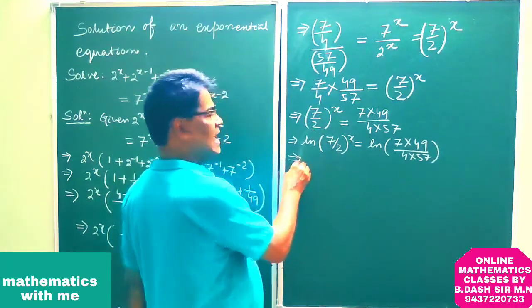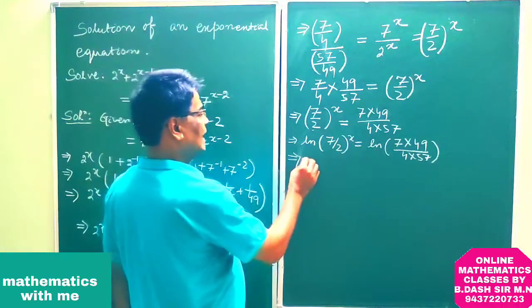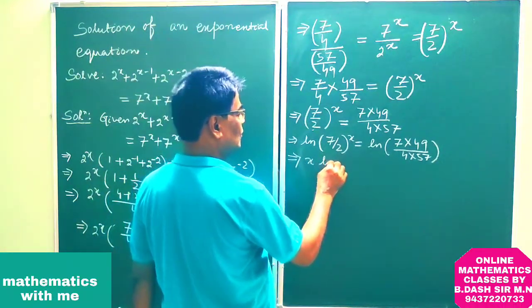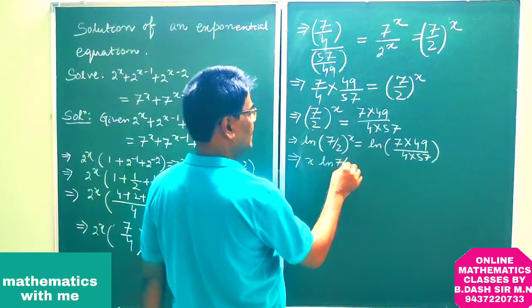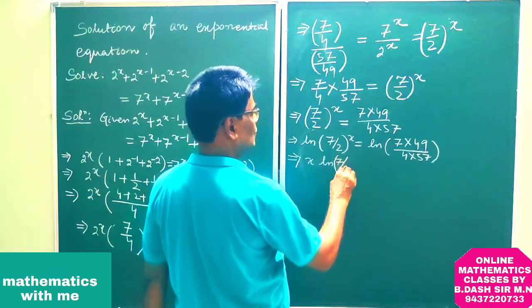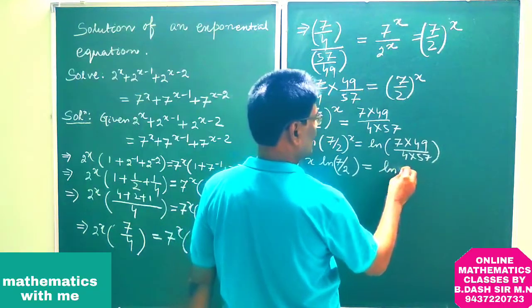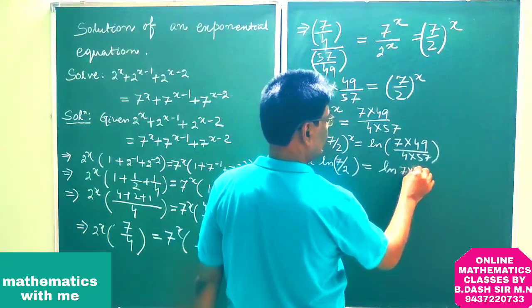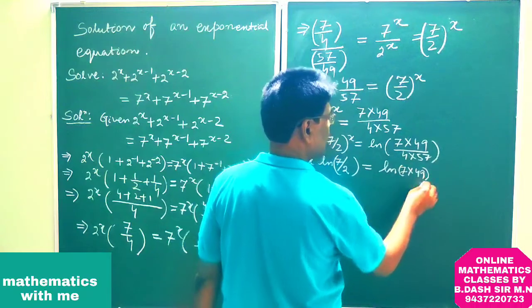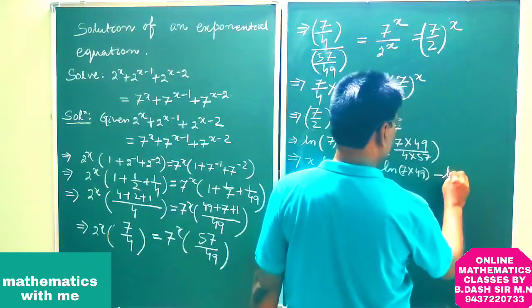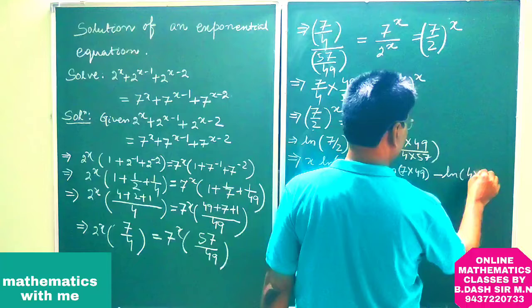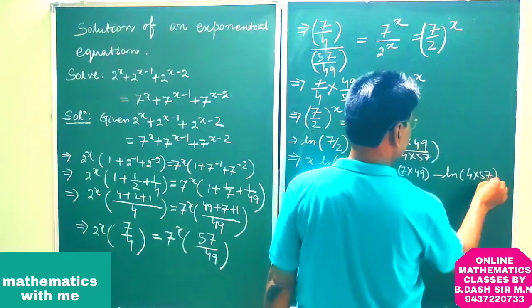This implies x times ln(7/2) equals ln(7 times 49) minus ln(4 times 57).